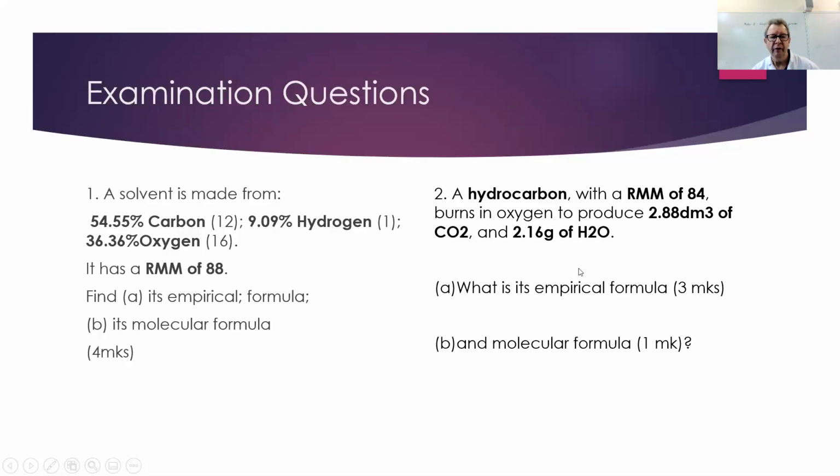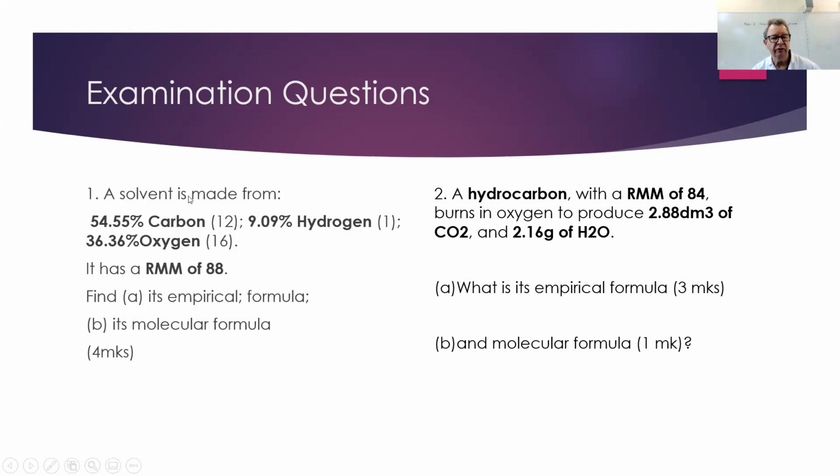Now, this is a little bit more complicated. These are proper examination questions, but they're not that much more difficult. All you've got to do is remember to use one of the three triangles, whichever one you need. This first one is pretty simple, but it was worth the same number of marks as this much more complicated one. So have a go at it.